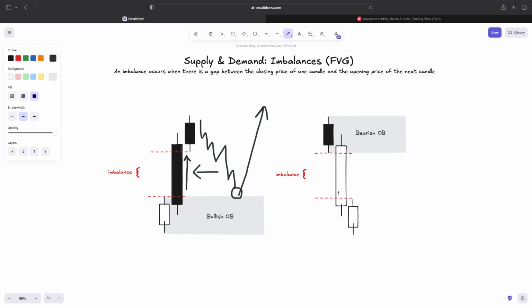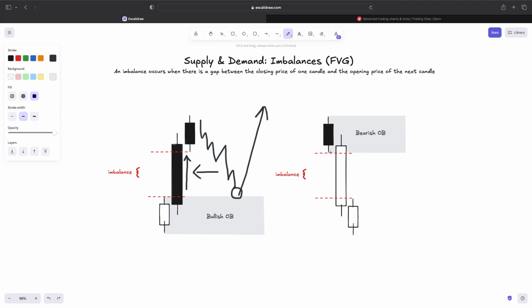The same is true in terms of these bearish candles here. Let's assume that price here is bearish, creating those lower lows and lower highs. Obviously, we would identify a bearish institutional order block after price creates a breakout structure. Now, what actually happens around this area here? We're going to focus on the candles. As you can see, we have three candles even here: the first candle, the second candle, and the third candle.